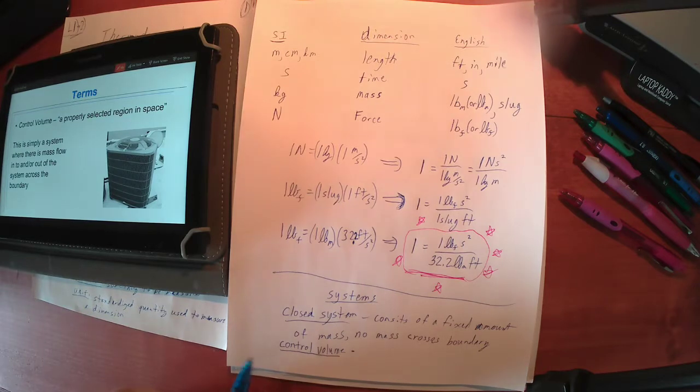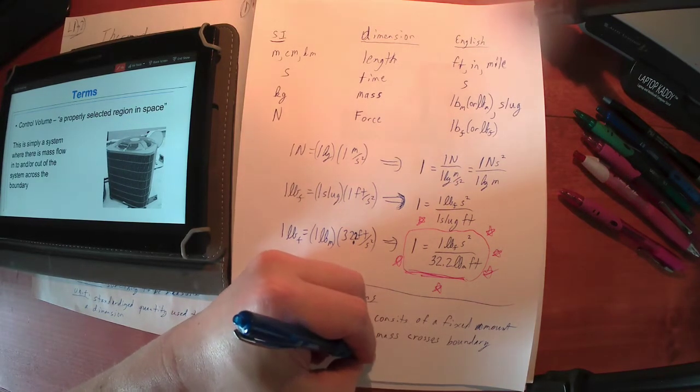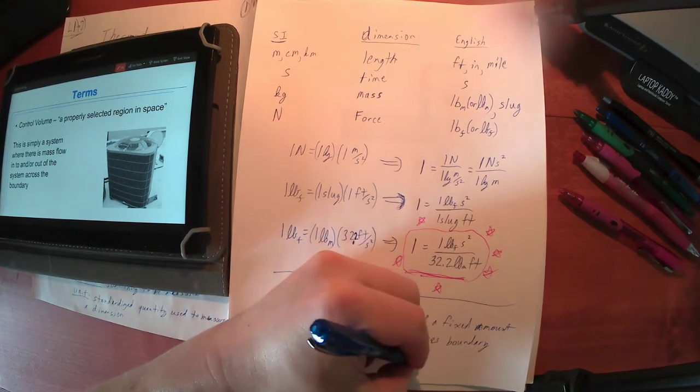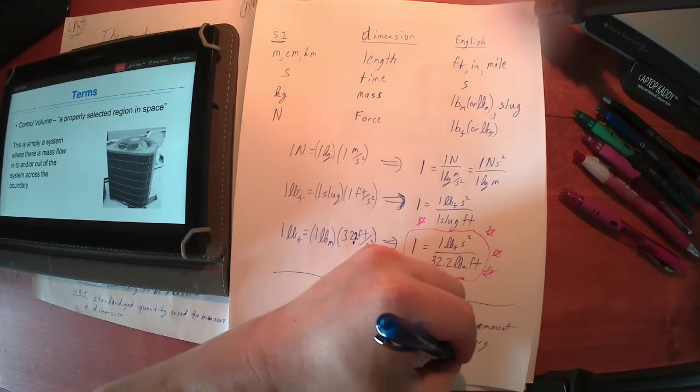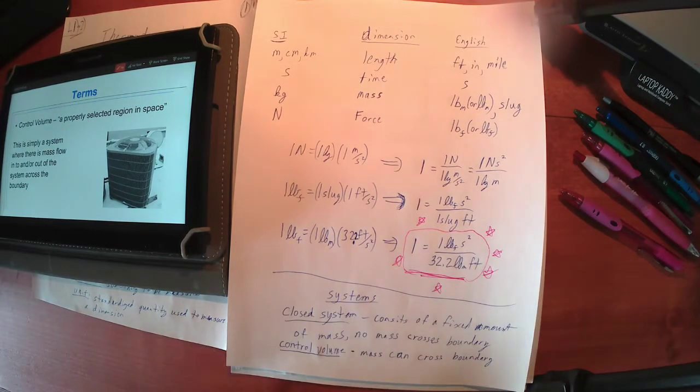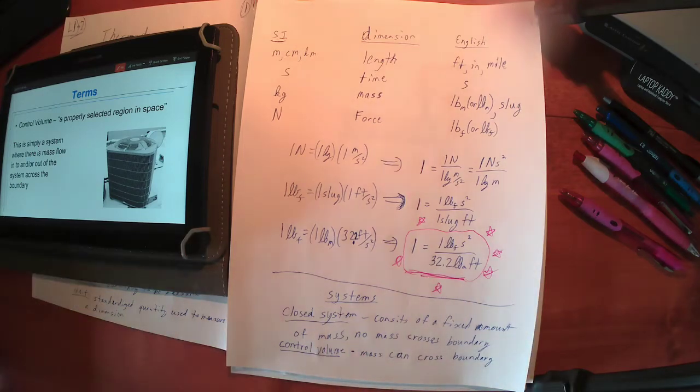Control volume is where mass can cross the boundary. Now that's probably a little too specific, like in my fluid mechanics class, that's a little too specific. But for us in an introductory thermo course, that's really the main thing we need to come away with, is we're just going to select some region in space, right?